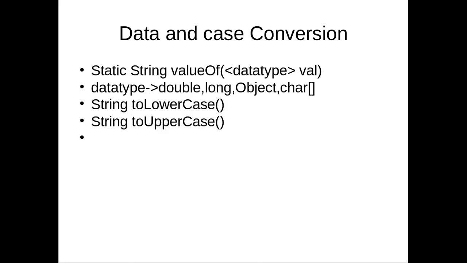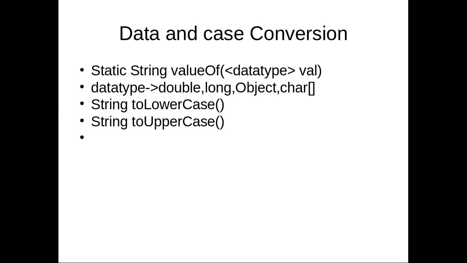Then data and case conversion. Suppose that you have read a string, and you have to convert that to double, long, object or character value. For example, suppose reading a string, say the example 4, FOUR. If you want to convert this FOUR to the actual 4, suppose you are converting to long, then you will get long 4.